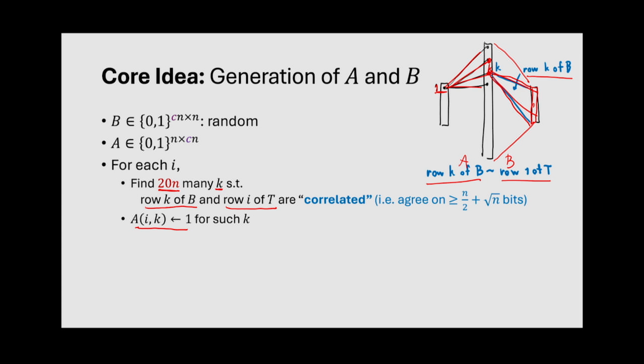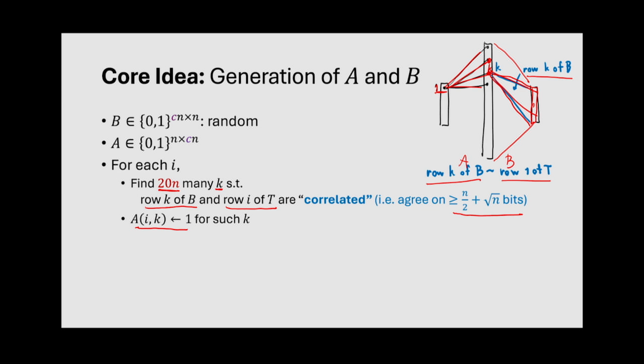And how similar? Well, like this much, just a bit more than half. If the threshold is just half, then this happens with half probability. But with this extra root n, it's still going to happen with constant probability.